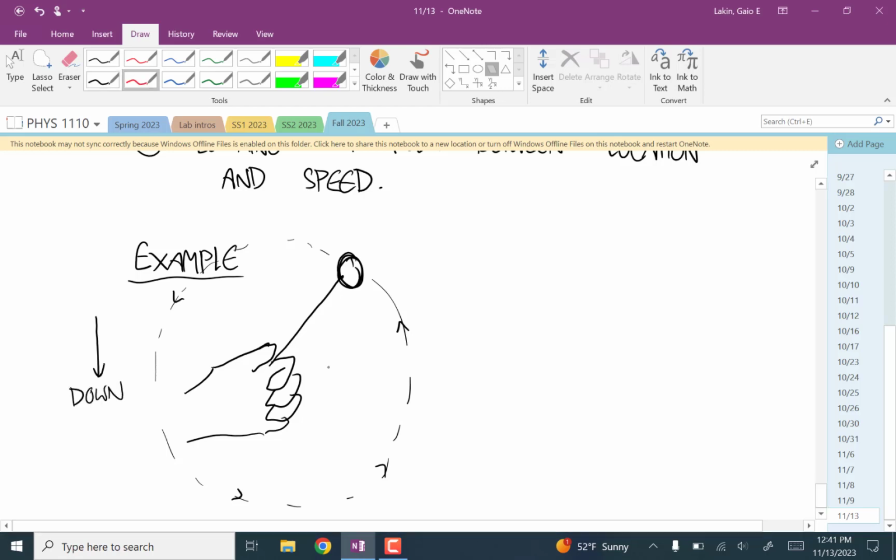Let's say that this string has a length of 20 centimeters, 0.2 meters. And the mass is 0.1 kilograms.